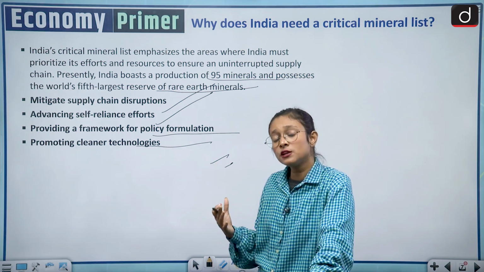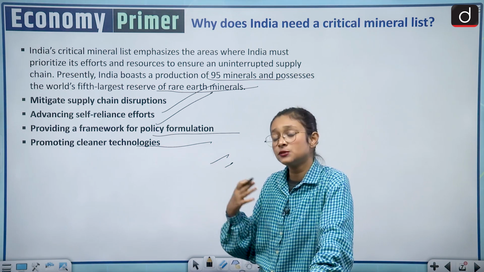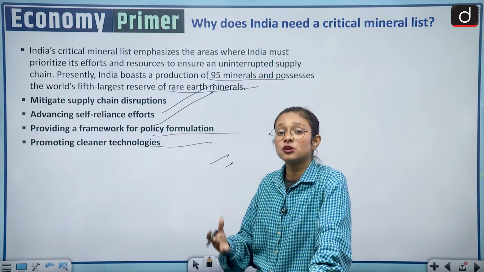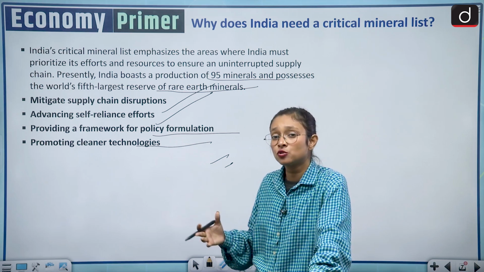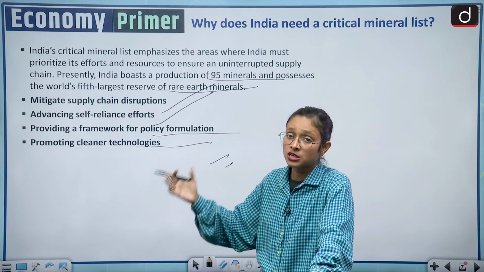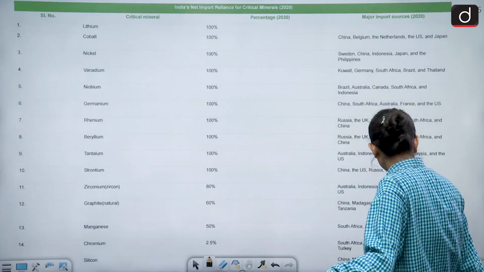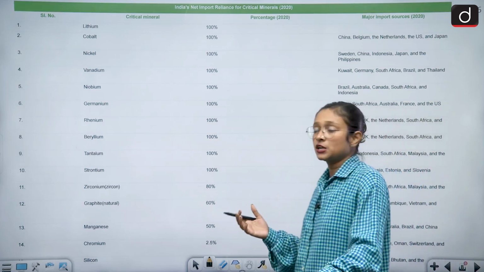If we promote cleaner technology, we definitely need more critical minerals and other kinds of minerals. And if we know the importance of these two, then we will definitely promote cleaner technology along with critical minerals. So these are the factors for why India needs its critical mineral list.